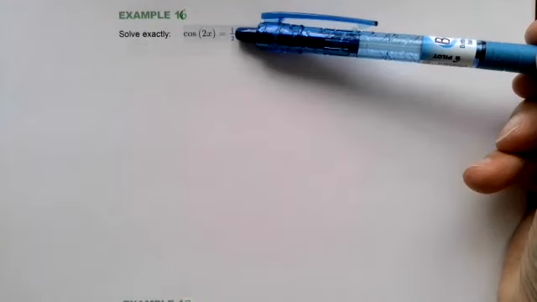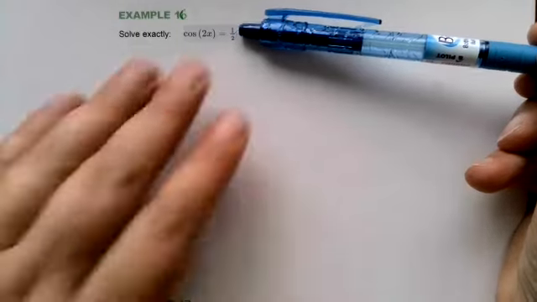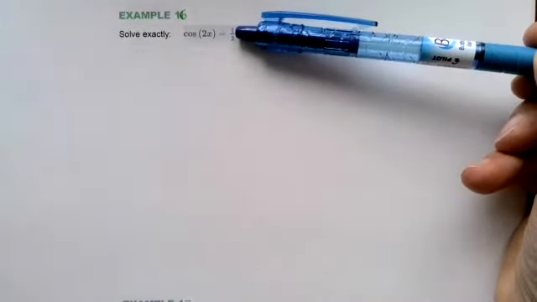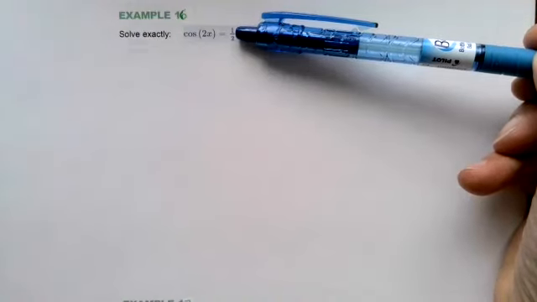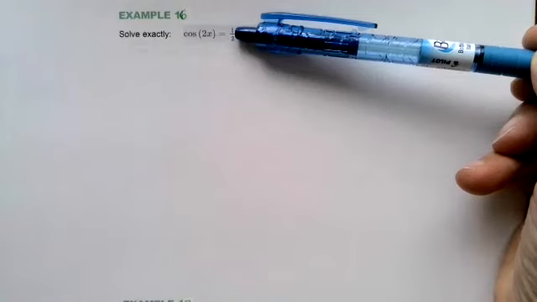Even though there is a double angle inside of the function, you don't have to deal with it at the moment. What I recommend is, you have a trig function isolated. You don't have any other trig functions in this equation that you have to match it with. We don't have other angles that we have to match. So there is actually nothing that we have to worry about in this problem.